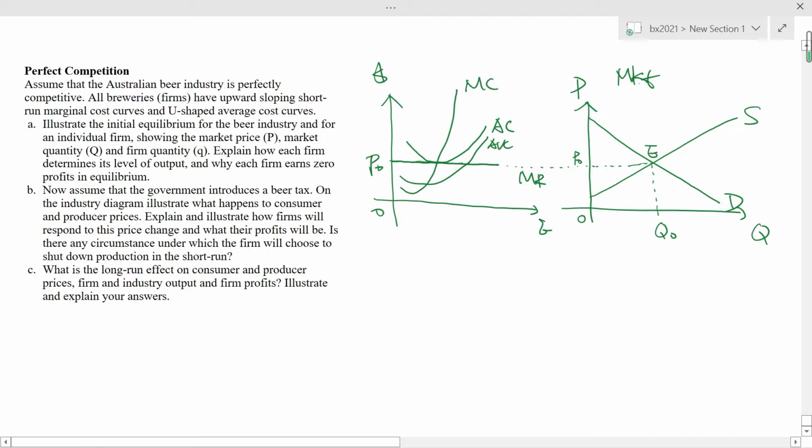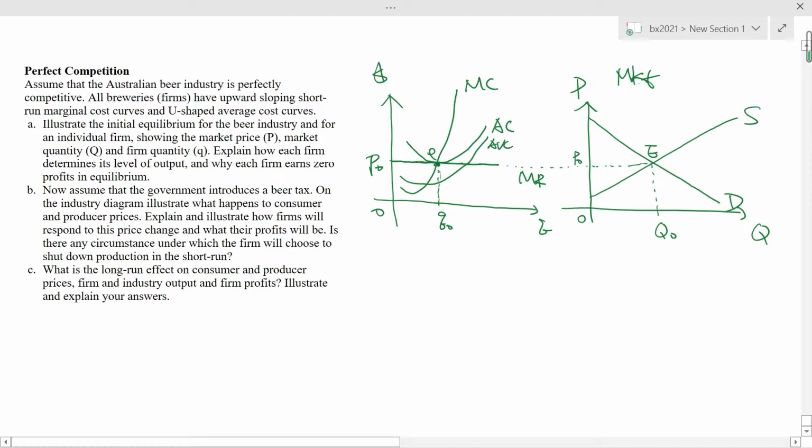You want to know that the marginal cost cuts through the minimum points of average cost and average variable cost. So firms follow MR equal to MC, so they produce at this point, called little e, that corresponds to a quantity of q0.